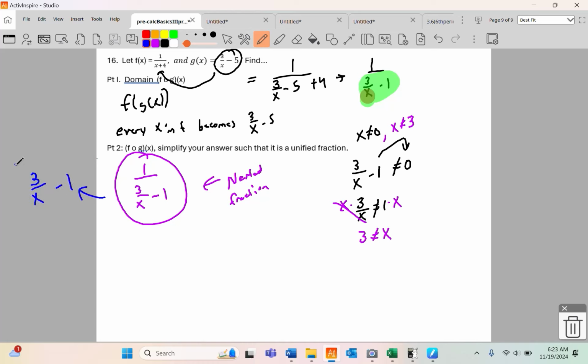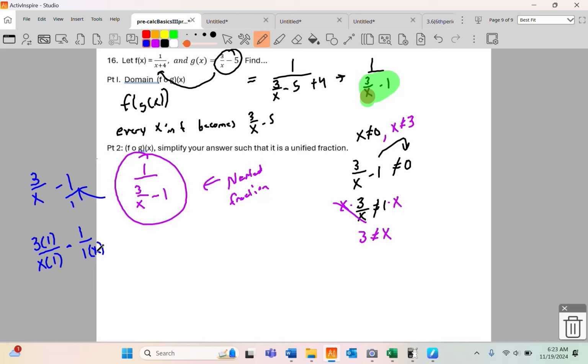You know as well as I do that if you're going to add or subtract fractions from each other, you must have a common denominator. So think about this being over a 1. We're going to give this 3 that 1, which means we give that x that 1. And this is just something, it's kind of understood. And I need this 1 to become an x.